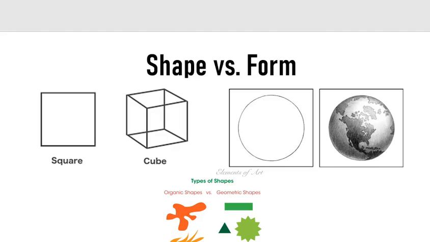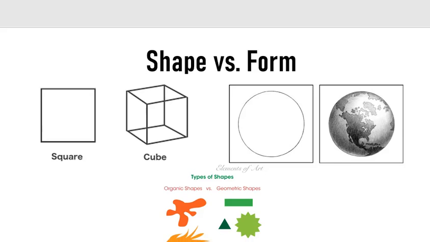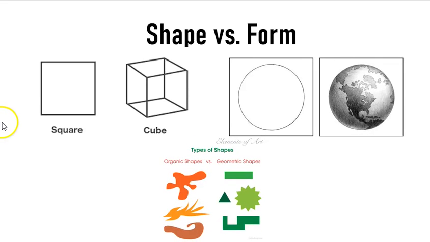So let's talk about shape versus form. Form is one of the 7 elements of art and refers to a three-dimensional object in space. As an element of art, form is something that is three-dimensional and encloses volume, having length, width, and height.